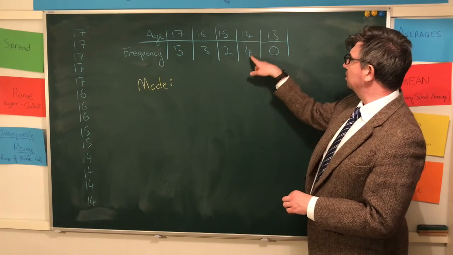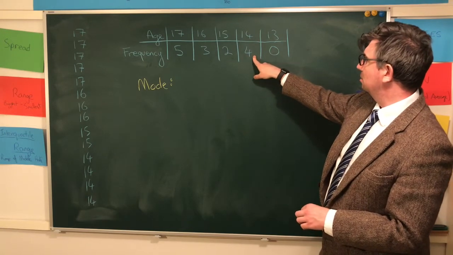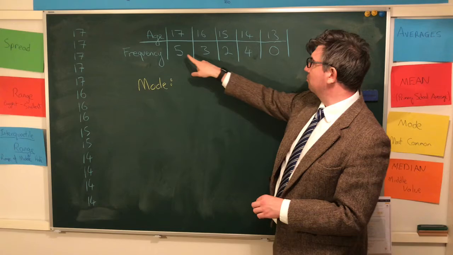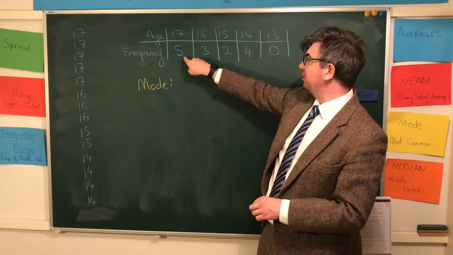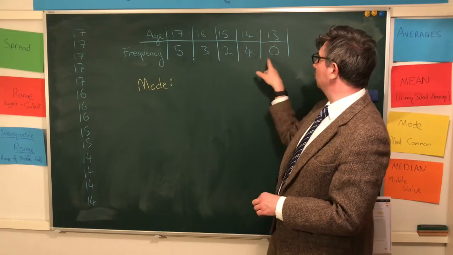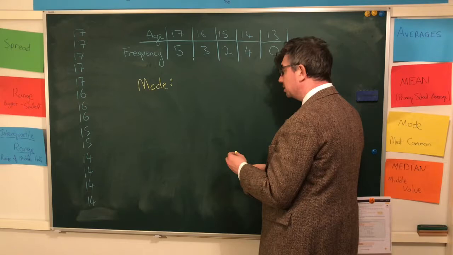Can 14 be the mode? How many times does 14 occur? It only occurs 4 times. That's not the mode either, because this guy over here, look, the 17-year-olds, they occurred 5 times, and that's the most common one here. So that must be the mode, and the mode is 17.